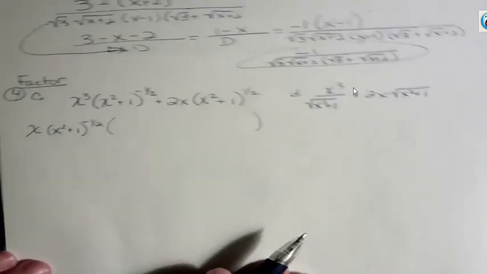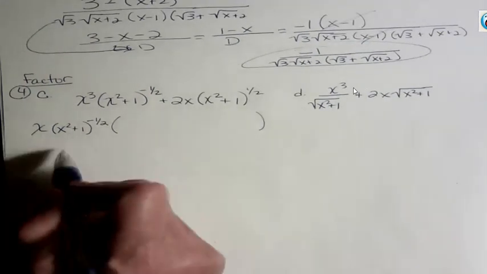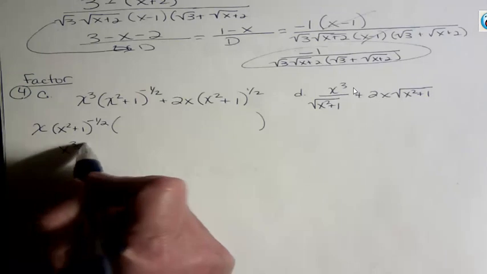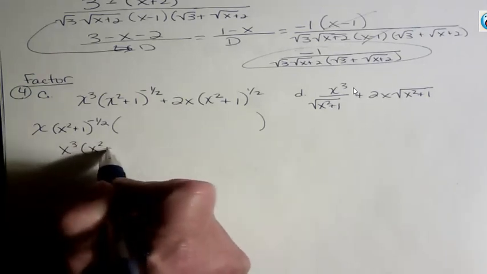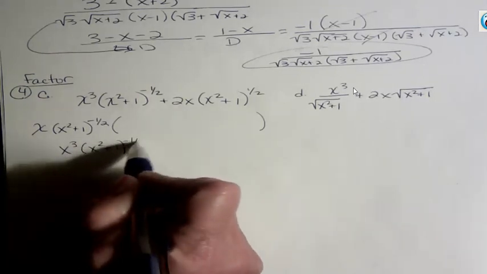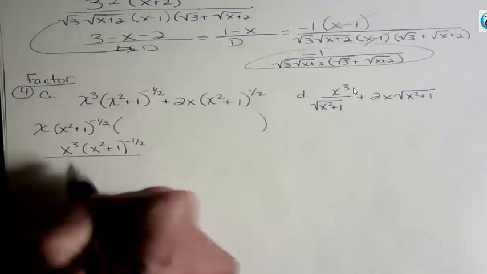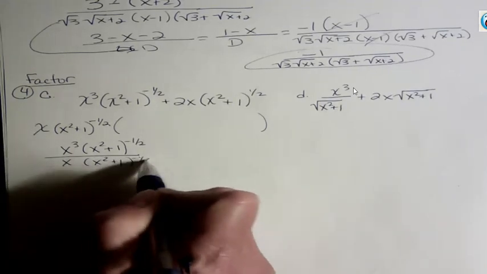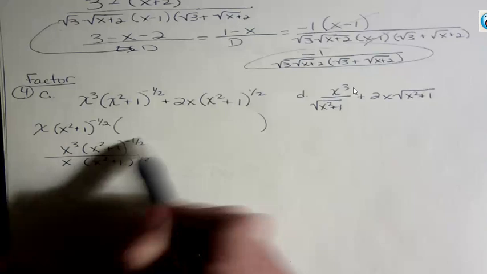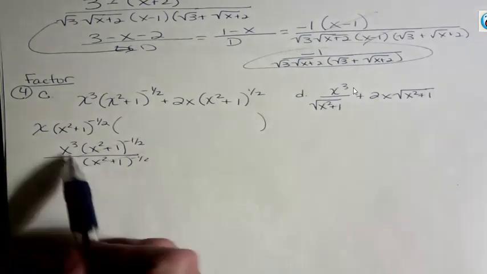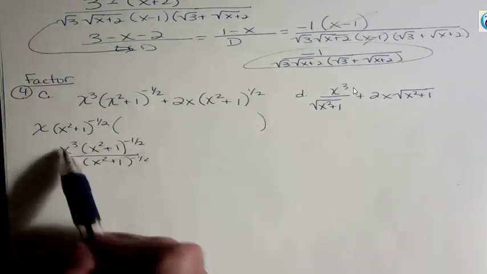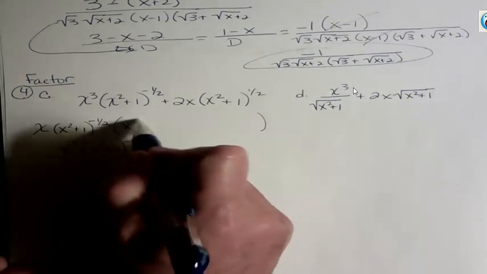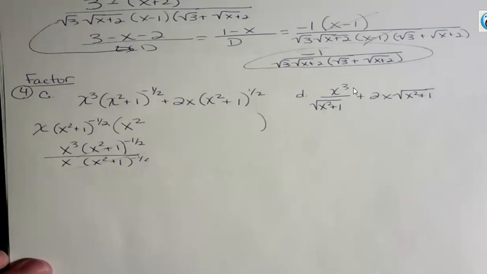So I'm going to rewrite this x to the third, x squared plus 1 divided by x squared plus 1 to the negative 1/2. What you should see is that these things cancel, and I have 1 x coming out, so I have x squared left. That's what I'm going to have left for that first term, right?